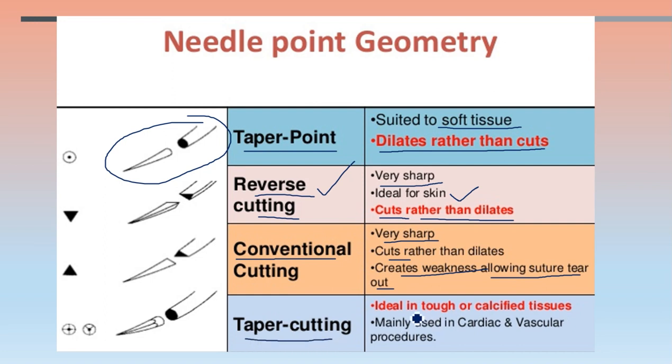Taper cutting is ideal in tough or calcified tissues, so it is mainly used in cardiac surgeries and various vascular procedures where calcified tissues are commonly seen. So taper point and reverse cutting are almost opposite to each other regarding dilatation and cutting of the tissues. Conventional cutting creates weakness, so the suture usually tears out from the tissues, and taper cutting is for vascular surgery and cardiac surgery.